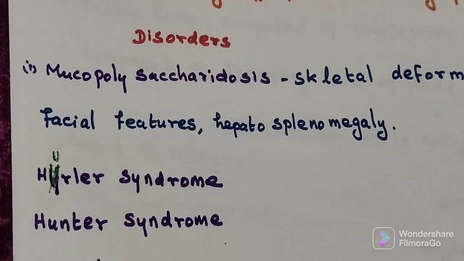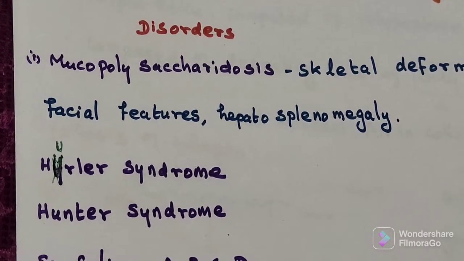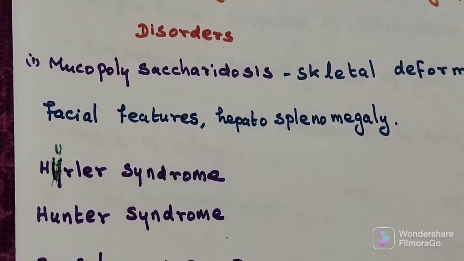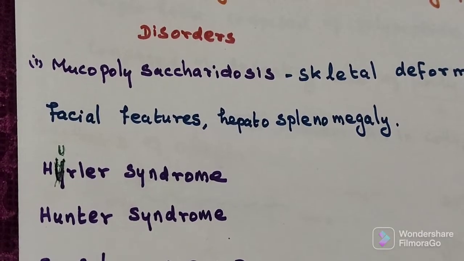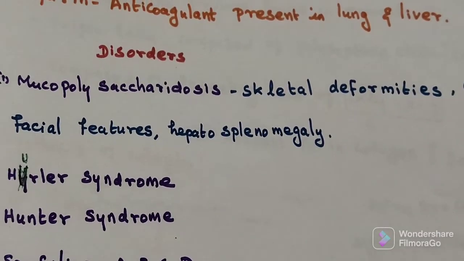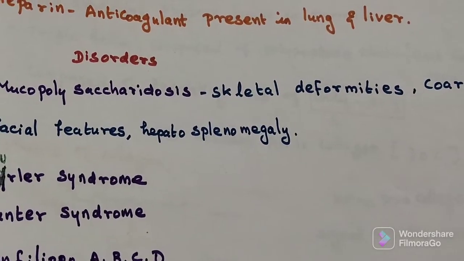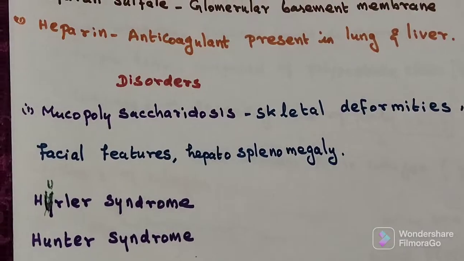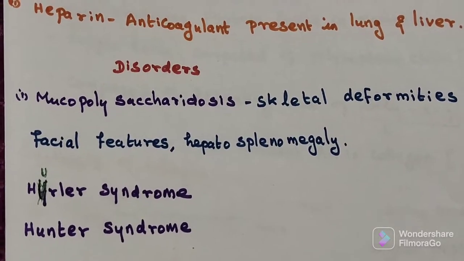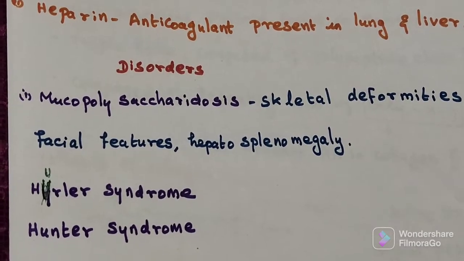Now, disorders related to proteoglycans. The first one is mucopolysaccharidosis. What are its classical features? Skeletal deformities, then coarse facial features, meaning a large head, then hepatosplenomegaly, which affects both liver and spleen.